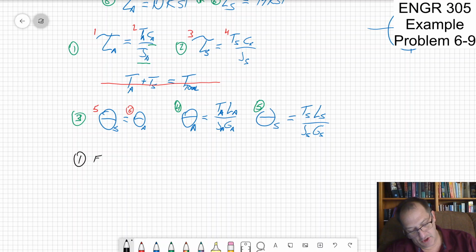I'm going to say equation 1, solve for TA. Because that would, if I put that in, that would be 1 equation, 1 unknown, so I could solve for TA.